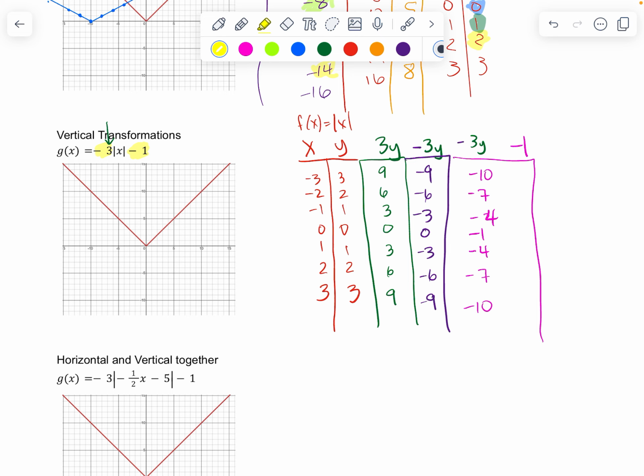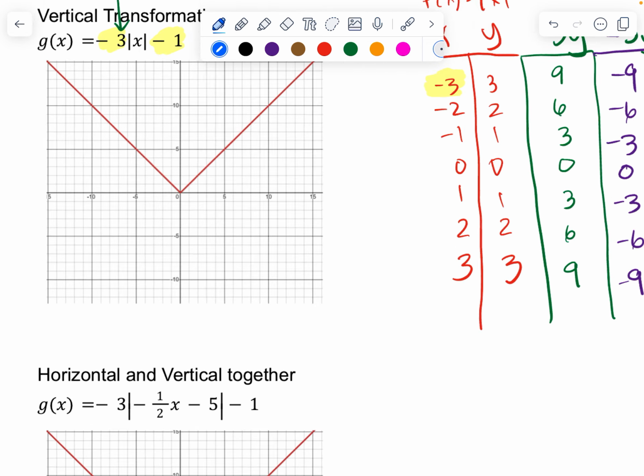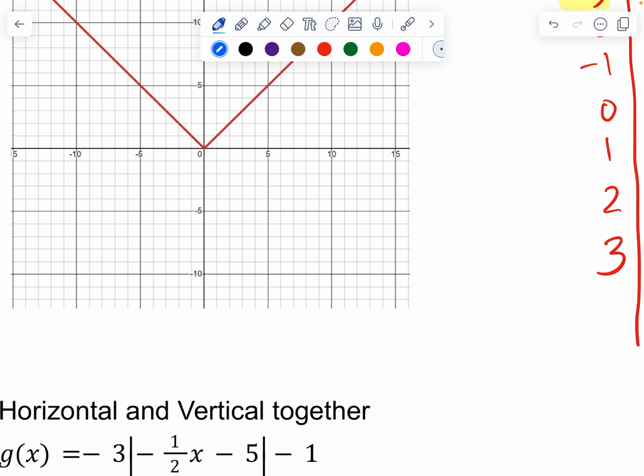Okay, so I have negative 3 and negative 10.